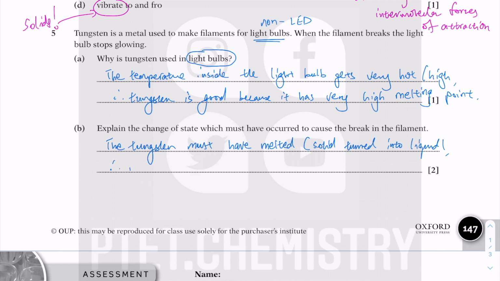Therefore, it's no longer in that position, even though it's solidified later on, it's not in the original position. Therefore, it can no longer be used as the filament. And this happened after you have used this kind of light bulb for a very long time.